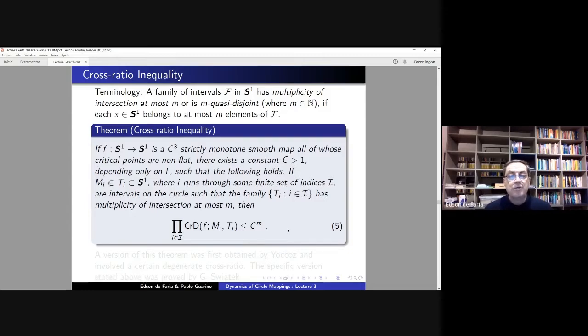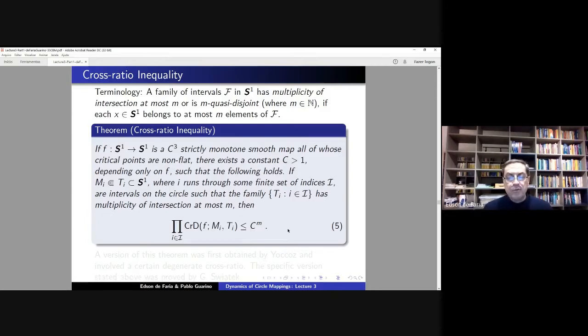So you look at the ratio of the cross ratio of the images, f of M_i, f of T_i, divided by the cross ratio of M_i, T_i. So if you look at all these cross ratio distortions and you multiply them together, then there could be zillions of these intervals. But if they are m quasi-disjoint, then you get a bound on the product, which depends only on this constant C that depends on f, and this m, which is the multiplicity. Okay, so you have this uniformity.